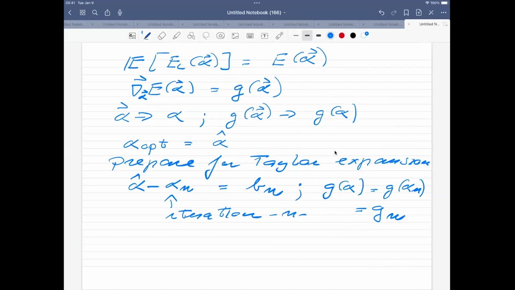I'm also going to introduce some more notations. So since I only have one parameter, then this E of alpha is now going to be replaced by a delta of alpha, and it's going to be evaluated at alpha n, and I'm simply going to call this quantity A of n.